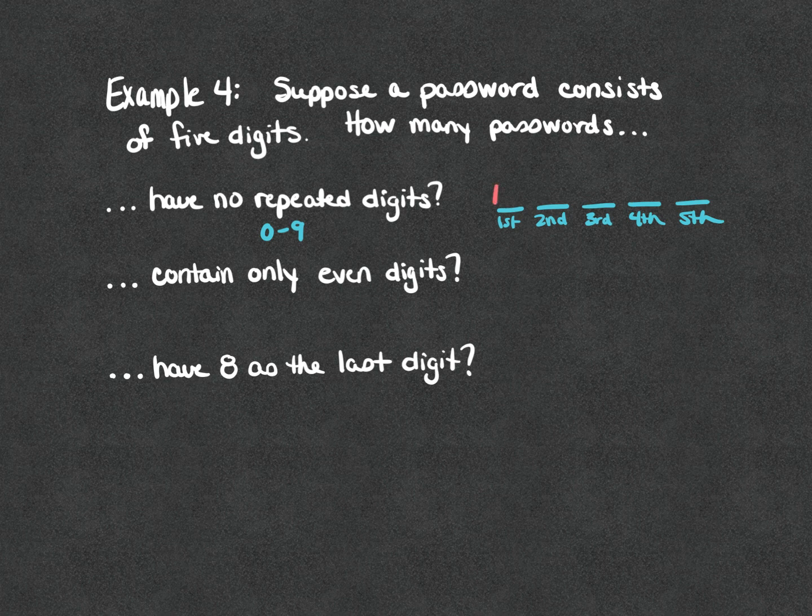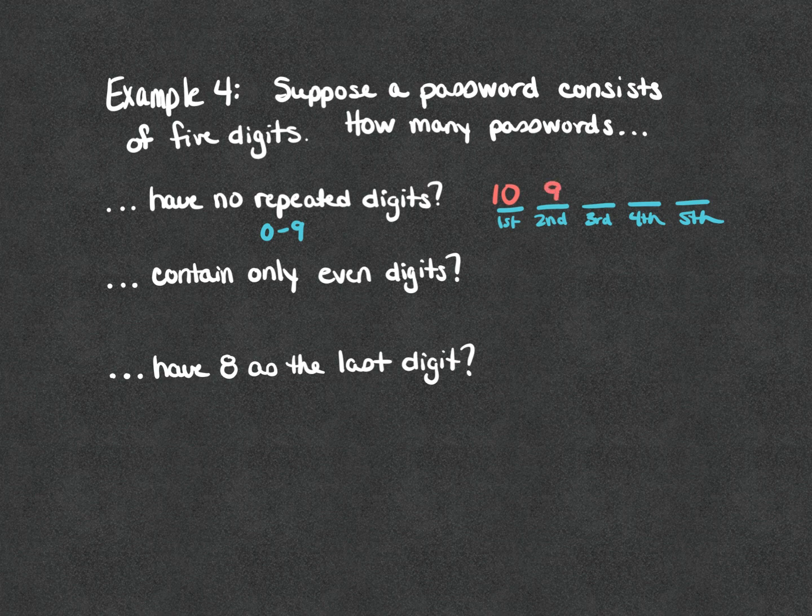So we would have 10 options for the first digit. But we're not going to repeat a digit. So once we've used a digit, imagine throwing that digit out. Maybe you have some little chips with numbers on them, or like Scrabble tiles, if you will, but they're digits instead of letters. Once we use that number, we're going to toss it out. That would leave us with 9 numbers left that we could use for the second digit.